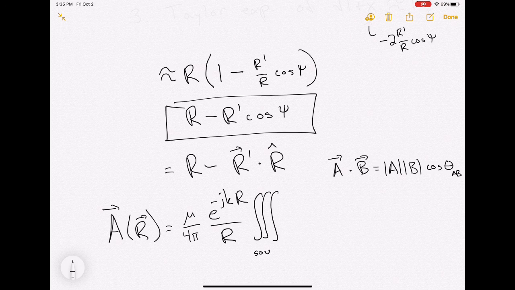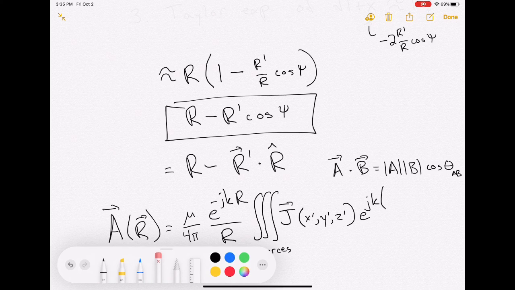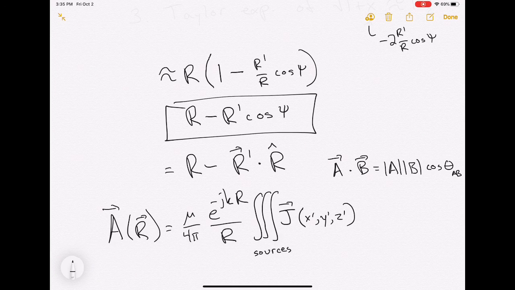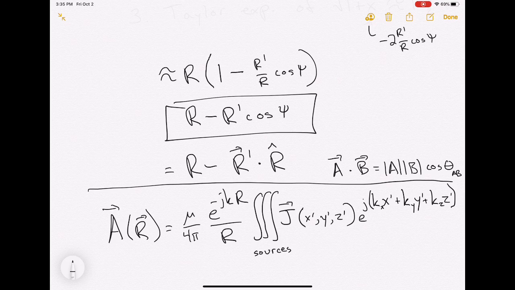So, integral over the sources of J, and I'm going to write these in Cartesian coordinates because we can learn something from the Cartesian expression here. x prime, y prime, z prime times e to the j, times e to the j k sub x x prime plus k sub y y prime plus k sub z z prime. That's our new radiation integral.